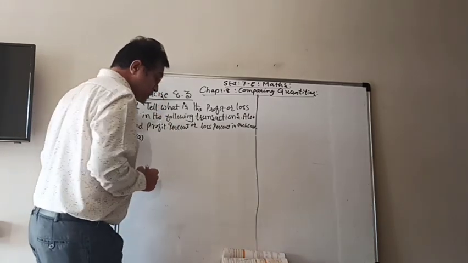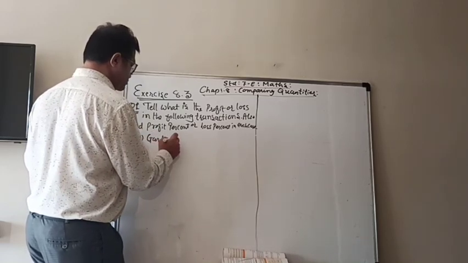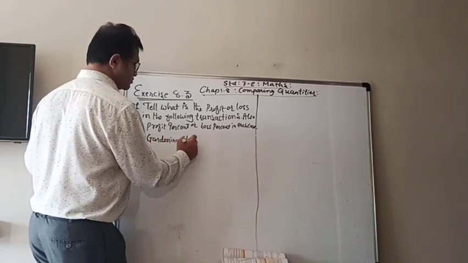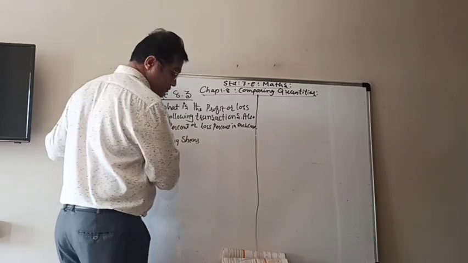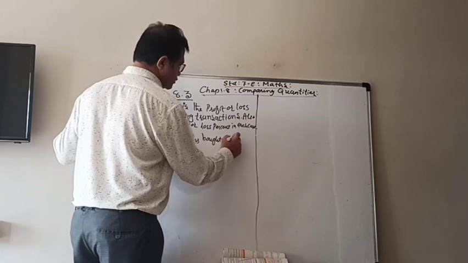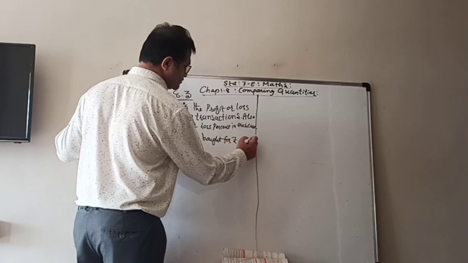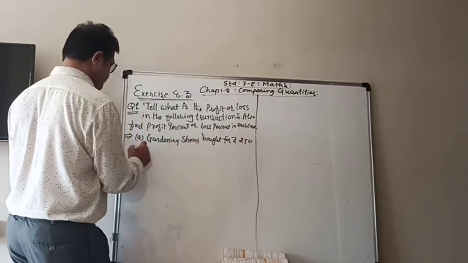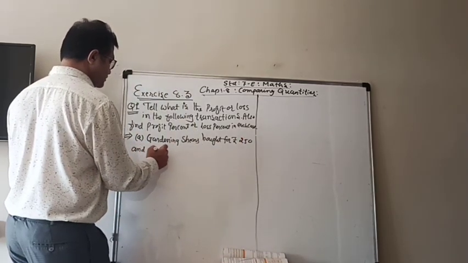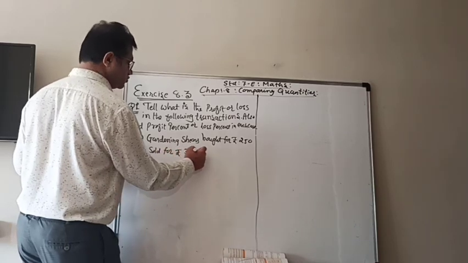First one is gardening shears, bought for rupees 250 and sold for rupees 325.